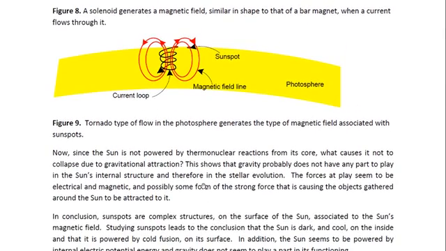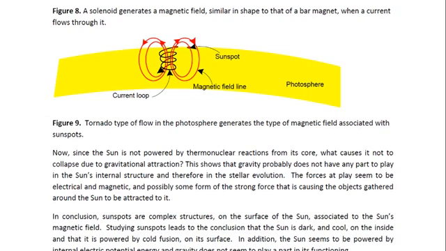So the sun cannot be powered by thermonuclear reactions from its core, so what then causes stars not to gravitationally collapse? What is supposed to keep them from collapsing gravitationally is the fact that they are having fusion reactions from the core. And now it becomes obvious that they cannot be having these fusion reactions. So what does this show?